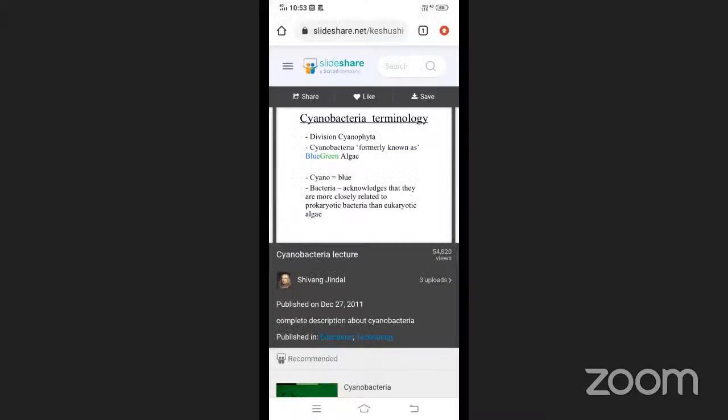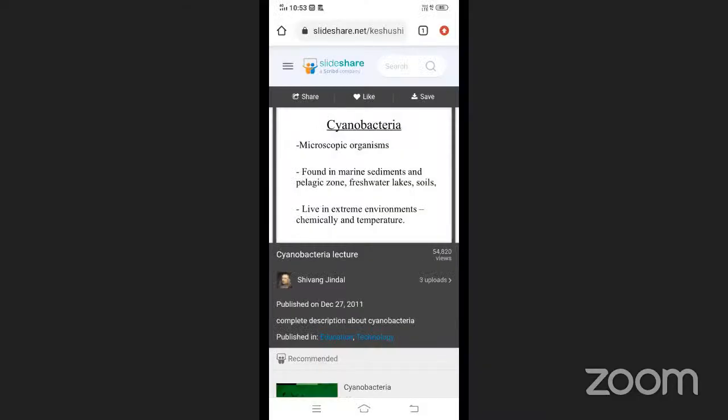Okay, so the cyanobacteria is known as a prokaryote. We already discussed that; prokaryote characters are there. Next, the cyanobacteria is covered by a mucilage sheath around the cell wall. Cells are single or multicellular filamentous structures.